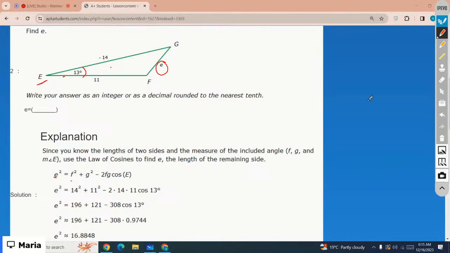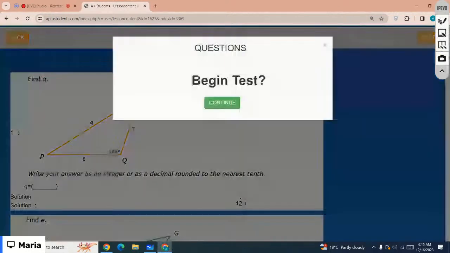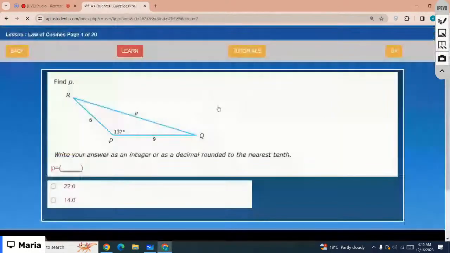Okay, let's just start with the practice questions. Okay, you are given the triangle, you need to find the side P, right? And you are given two of the sides and an angle between them, right?